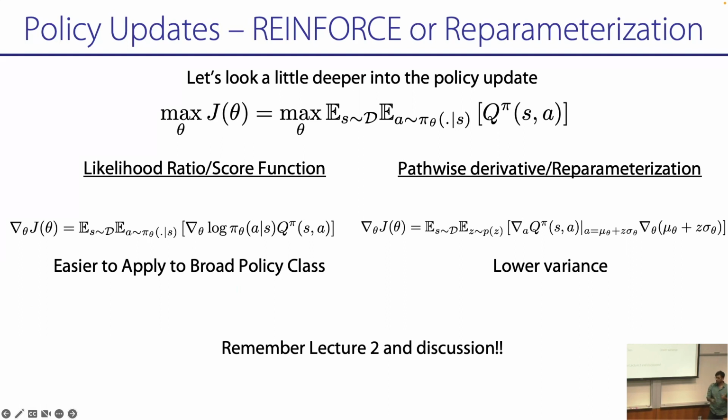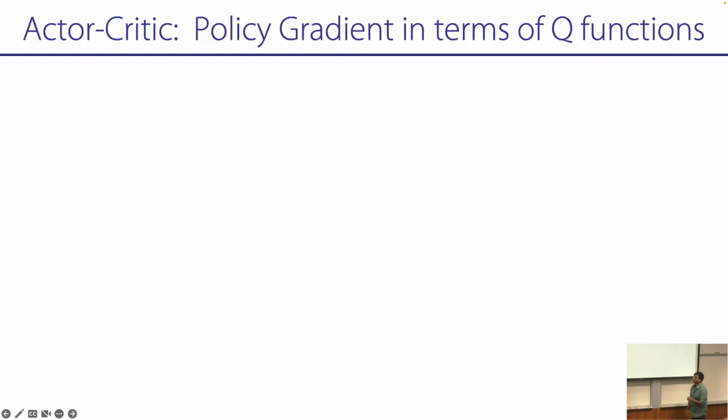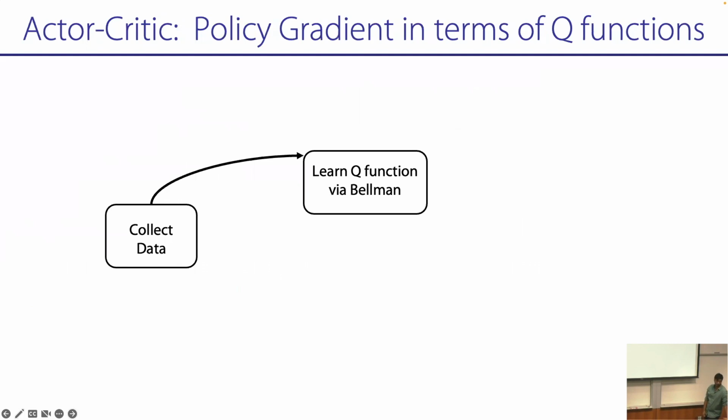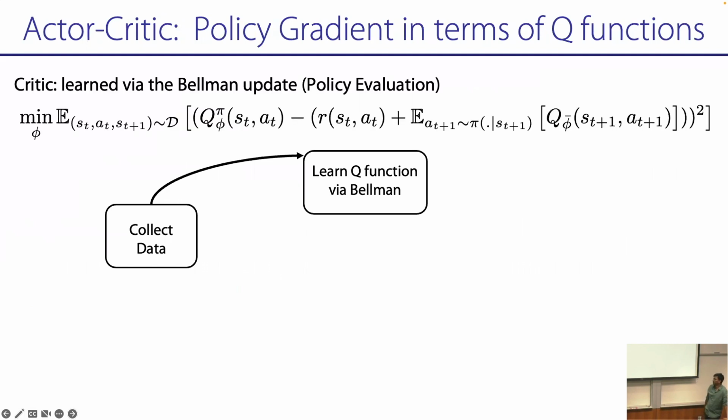Okay. So if we try to summarize what we've talked about, right? The procedure now is going to look like this. We collect some data, right? Then we say, we're going to minimize the Bellman error, right? In order to learn the Q function, which we'll often call the critic, right? And so you minimize the Bellman error as we discussed earlier. And once we have the Bellman error minimized, we try to do policy improvement.